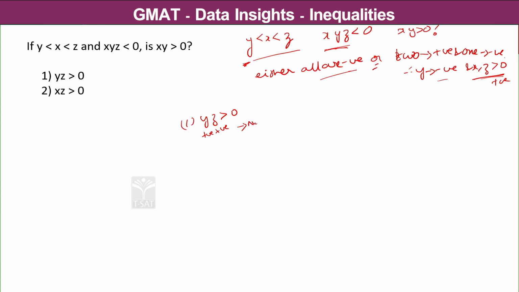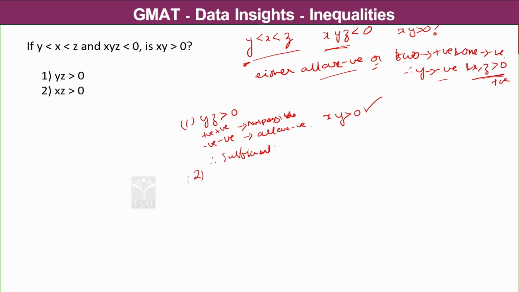So, this is not possible, or else both are negative, that is y is negative and z is negative, which is possible. Then all are negative. If all are negative, that means that x is also negative. So, the product xy will be a positive value, of course. So, we can answer this question that yes, since x and y are both negative, the product will be greater than 0. Therefore, this is sufficient to answer the given question.